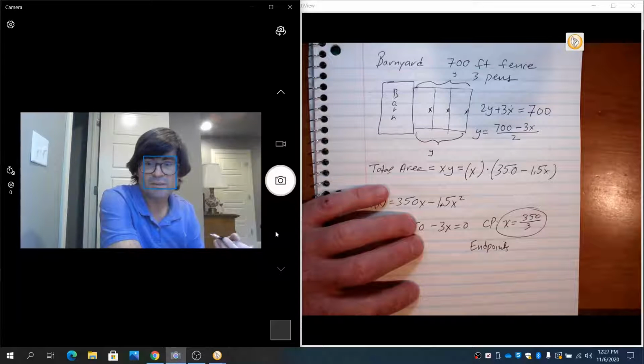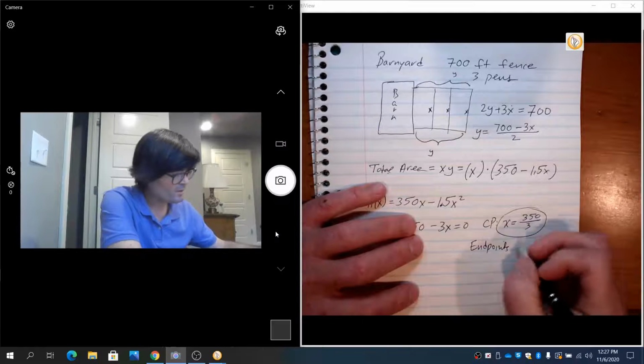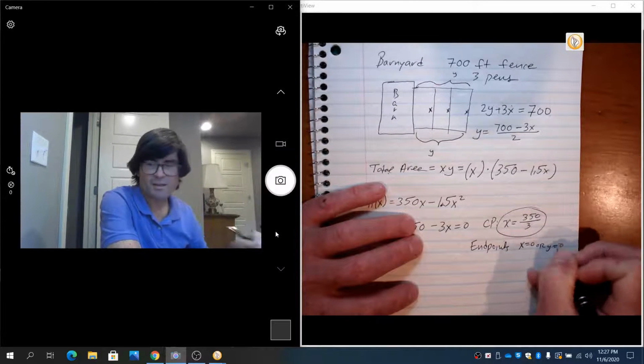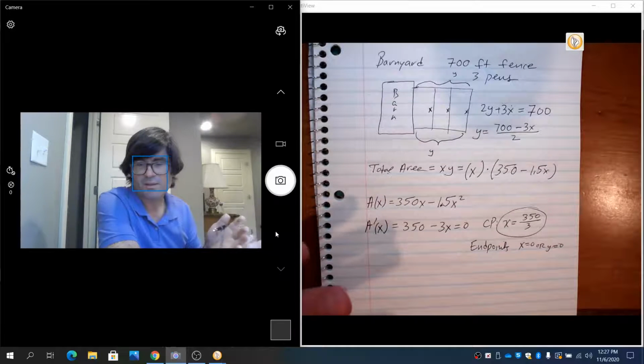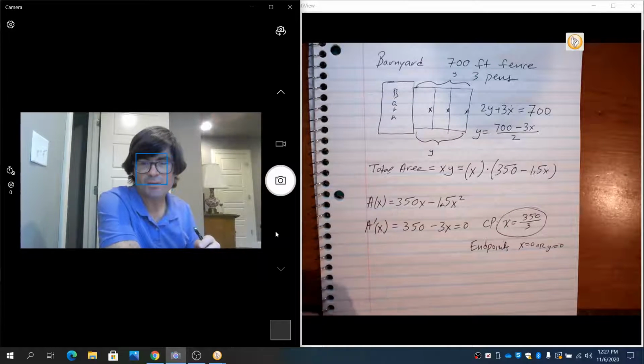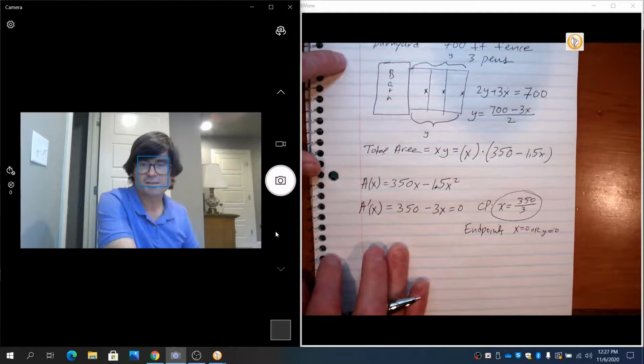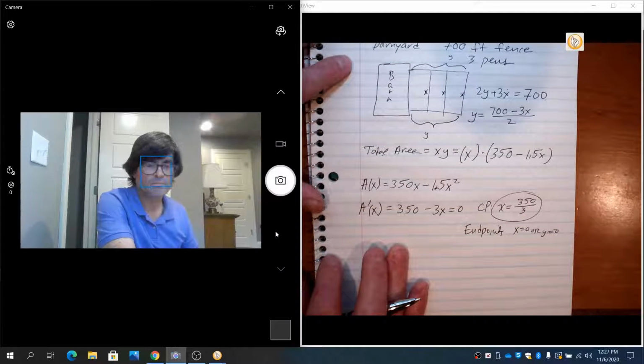So those obviously would be mins, but they're trivial mins because we're realistic here. We need a barnyard, so you can't have an area of 0 that would be functional. But keep in mind the endpoints, x is 0 or y is 0. In theory, you should consider those, but I know that they're not going to be useful in this context. So keep the context of the problem in mind.